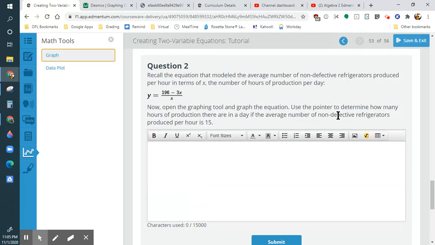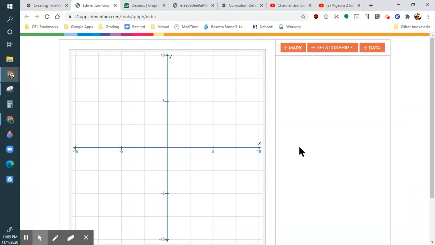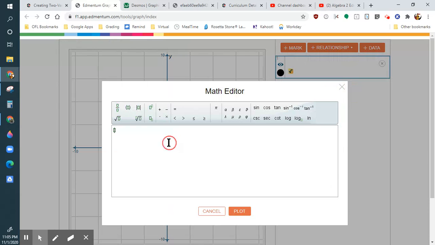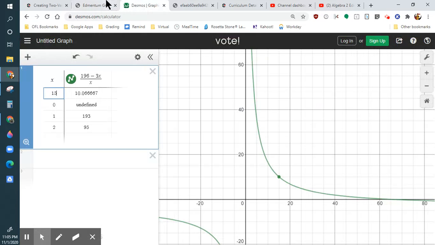I'll open the graphing tool, use the point. Let me use their graphing tool. Maybe their graphing tool does have something useful here. Relationship. We're going to do a custom relationship. Y equals, I guess the equation editor makes it not that bad.